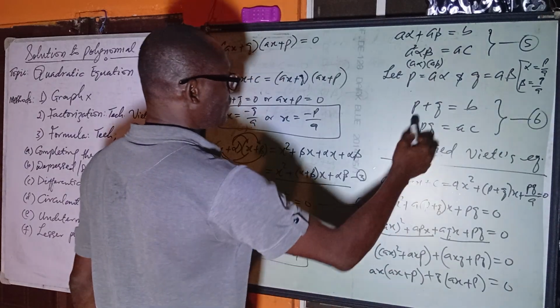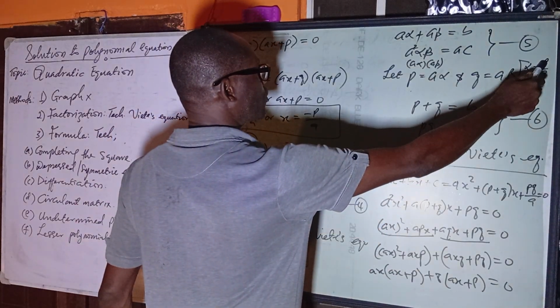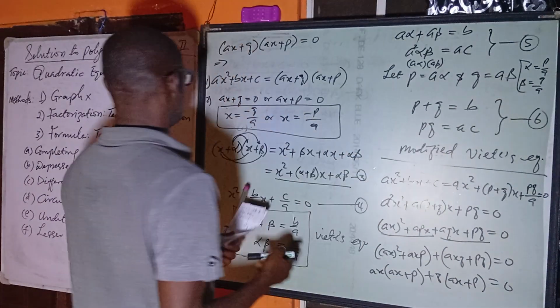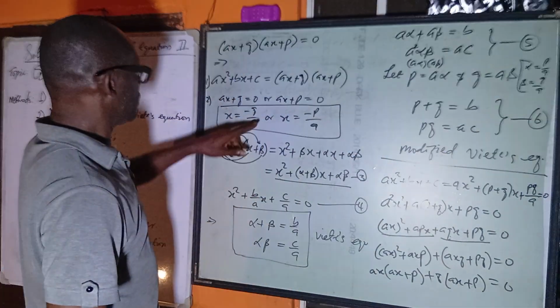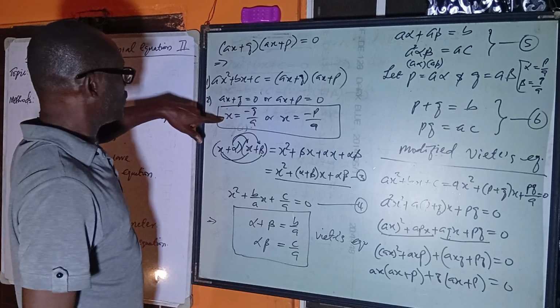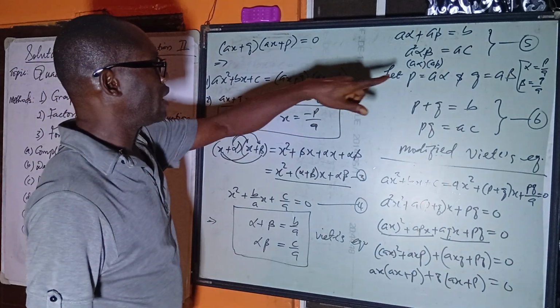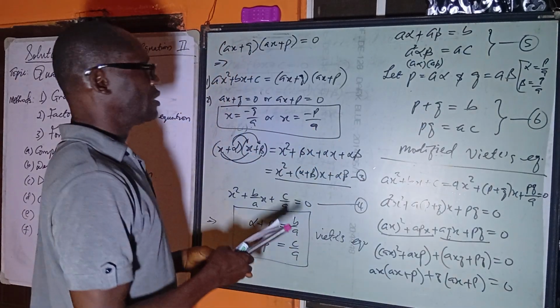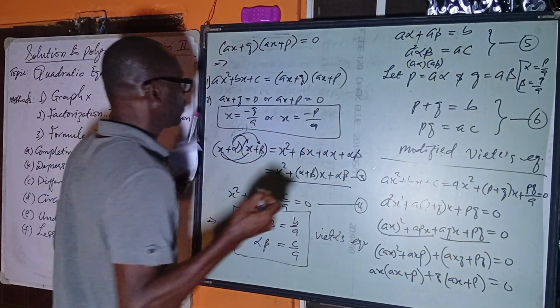You observe that the difference between the x values we have here and alpha and beta is just the negative sign.